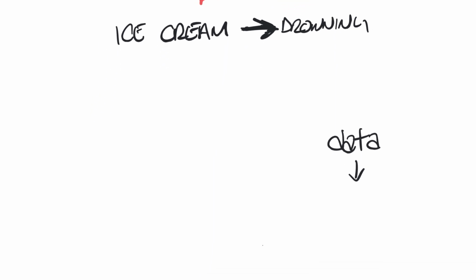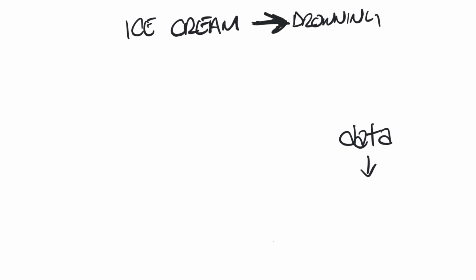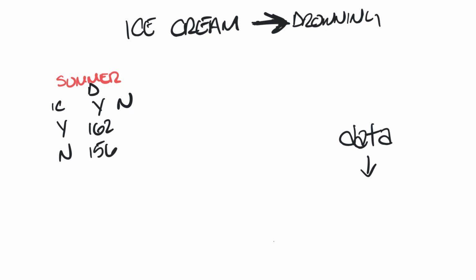So you do an analysis, and your analysis is this. You look at the summer months, and you see, again, ice cream, yes, no, drowning, yes, no. And you see that you have 162 people who ate ice cream and drowned, 156 who did not eat ice cream and drowned, and 18 who did eat ice cream and did not drown, and 21 who did not eat ice cream and did not drown.